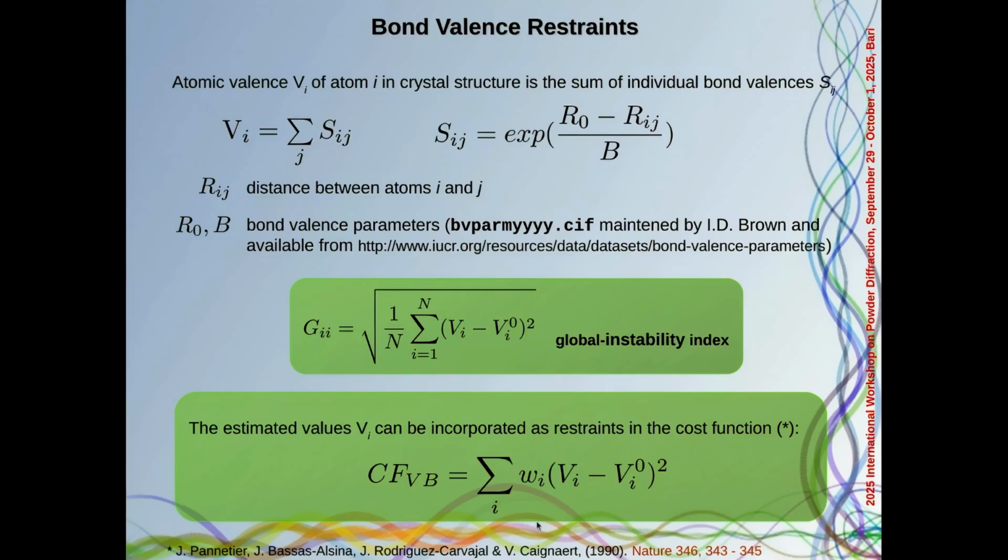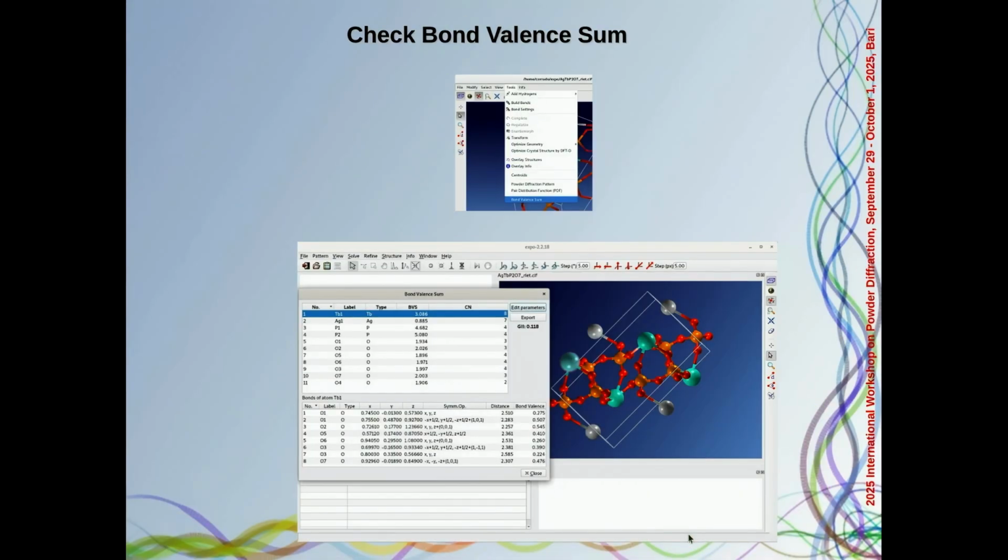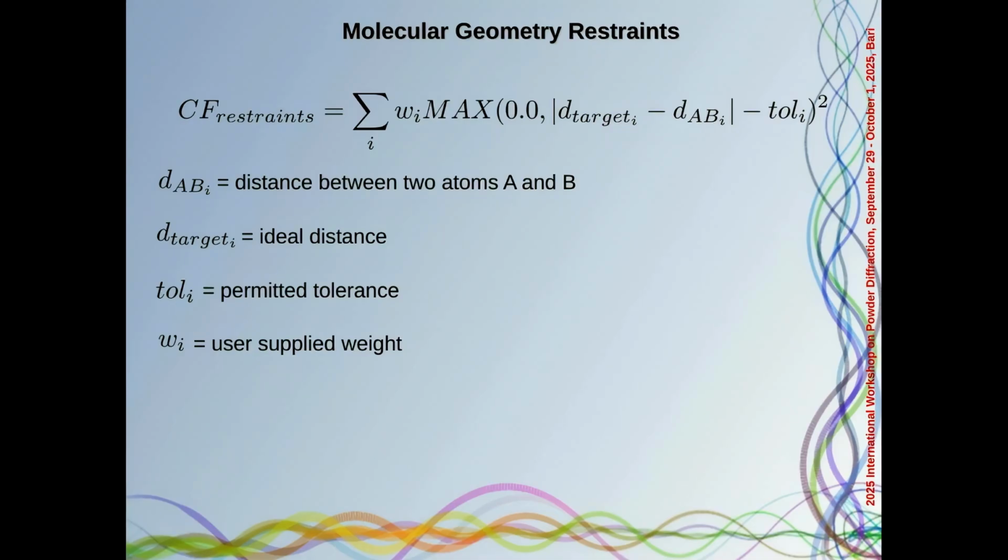It can also be incorporated as a contribution to the cost function, and so can be used as a restraint in the process of real space methods. And in EXPO, there is a graphic tool that you can use, if you have an inorganic structure, to evaluate the bond valence sum and generate and export an output of this quantity.